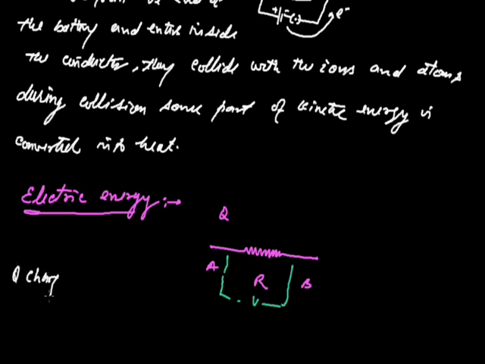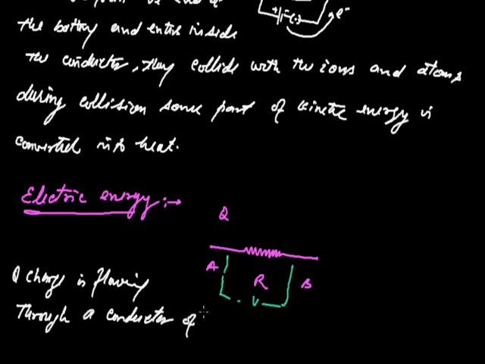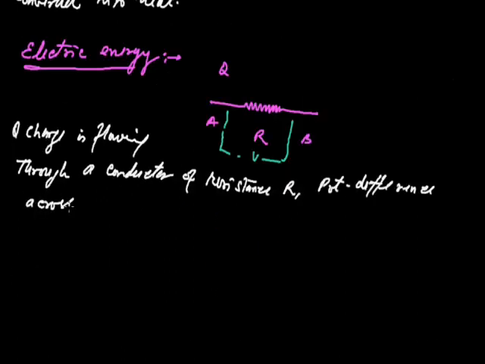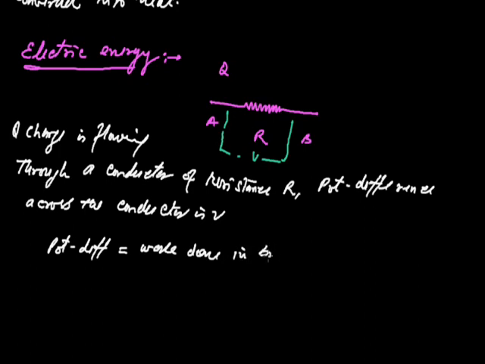Q charge is flowing through a conductor of resistance R, so the potential difference across the conductor is V. According to the definition, potential difference is the work done in bringing plus 1 coulomb charge from one point to another point.